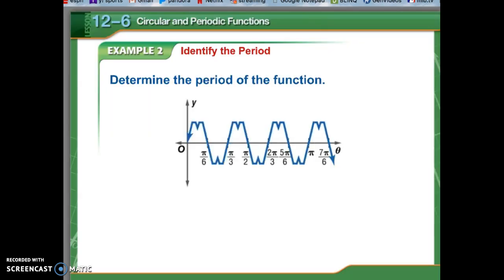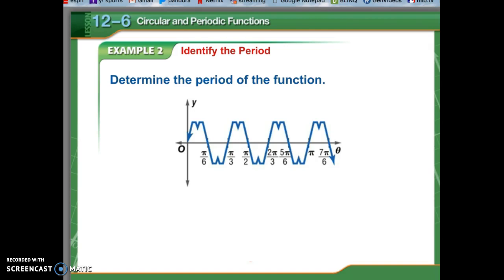Example 2 is talking about how to identify the period of a function. We're told to determine the period of the function that's graphed here in this slide. Basically, the concept of the period of a function is when does the function start repeating the pattern that it's making.